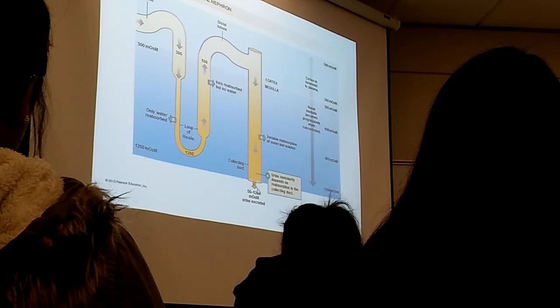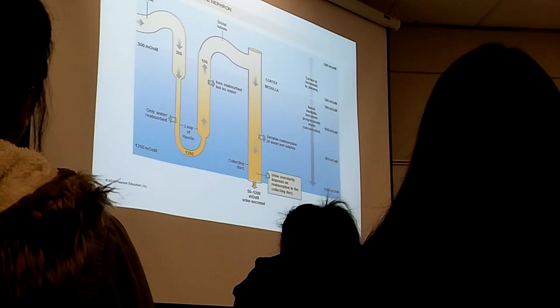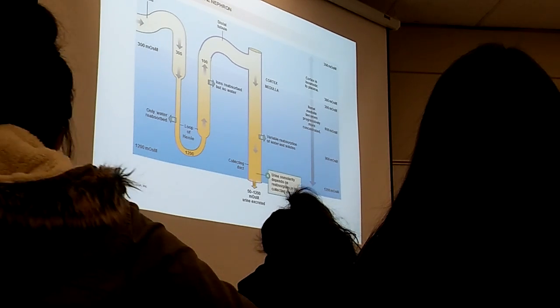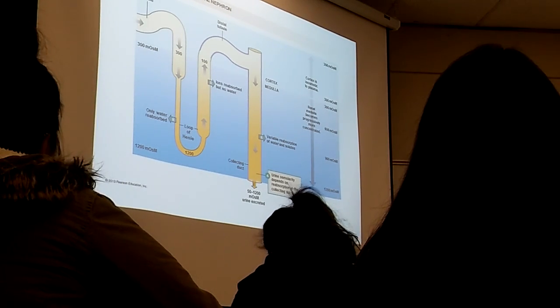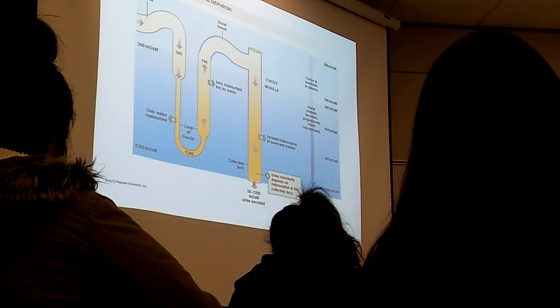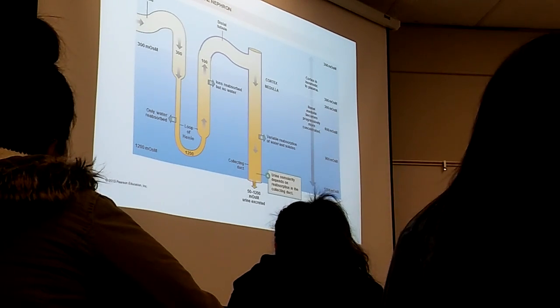And then you will produce a hyperosmotic or concentrated urine. Okay? Yes, and we will go through that mechanism. Okay, so we understand which part of it is hypo, which part of it is iso, and which part of it is hyper.